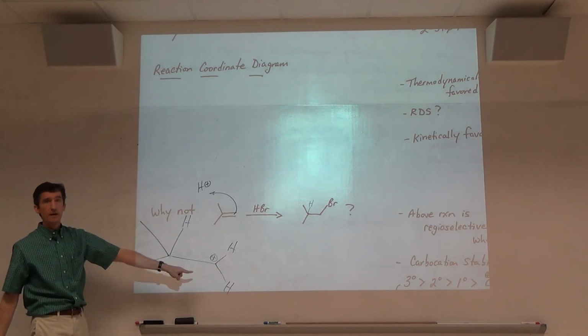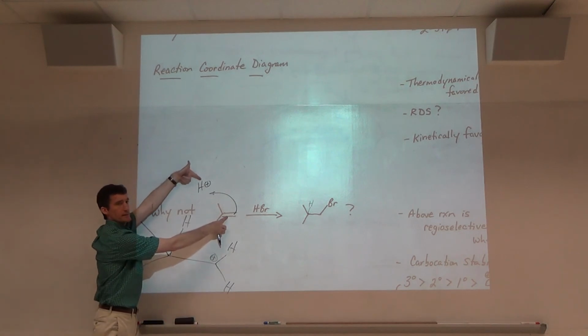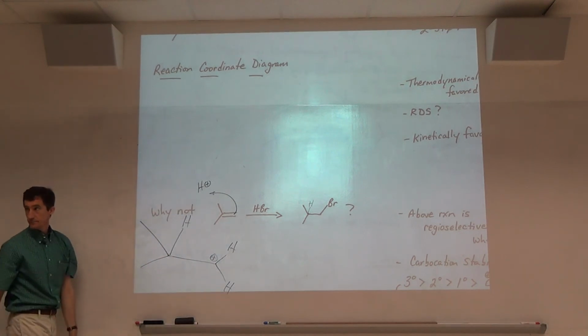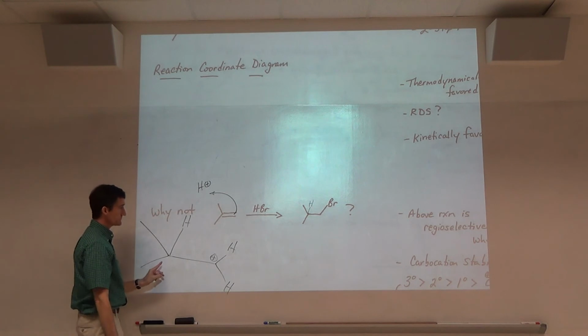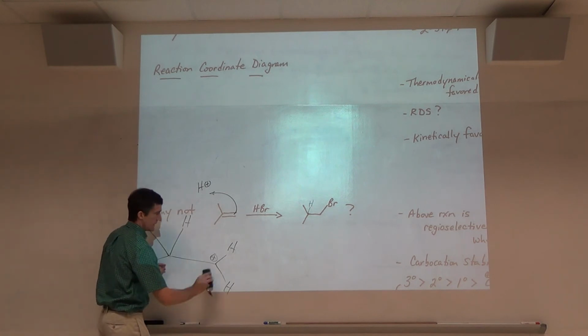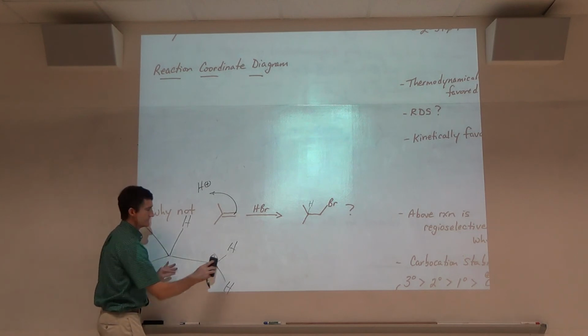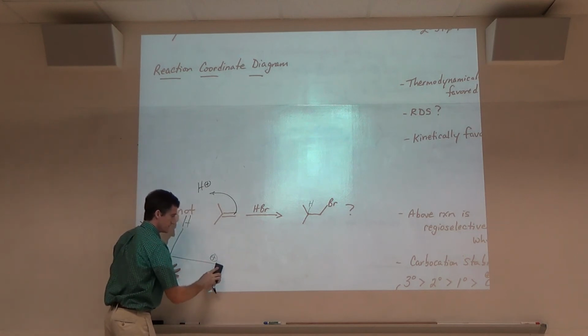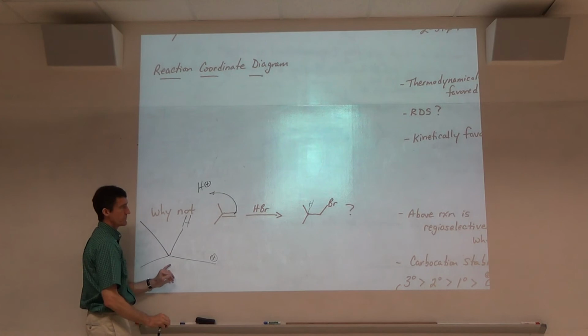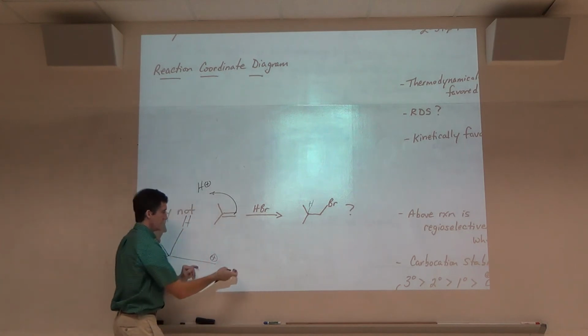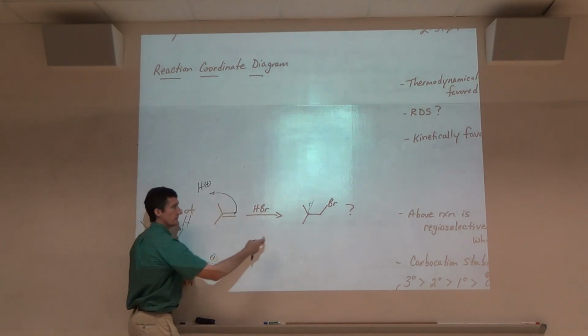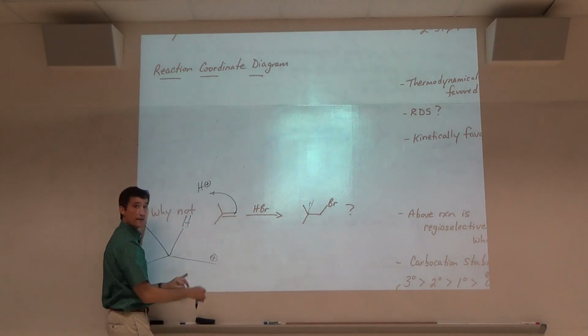Positive. Of course it's a positive, because if a neutral reacts with a positive, you've got to have a positive. So that's there. Can I erase these H's because they look odd? They're there, right? What's the next step? Carbocation intermediate, then the bromide attacks.